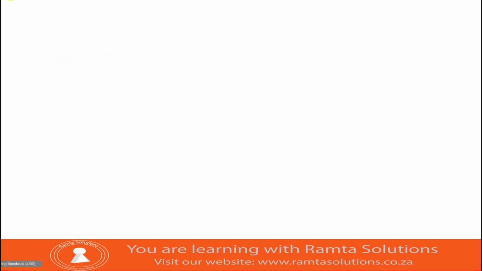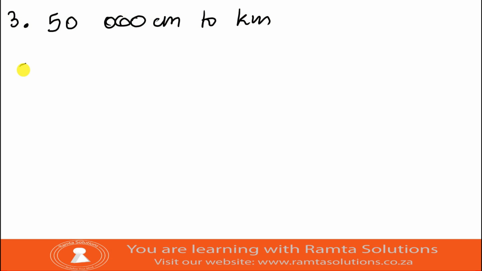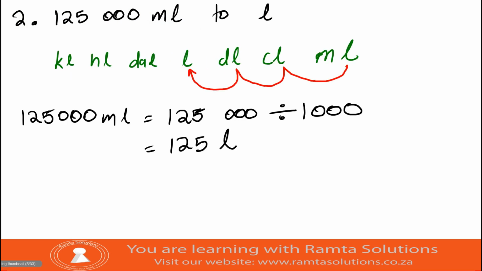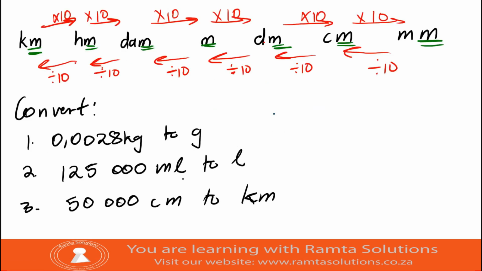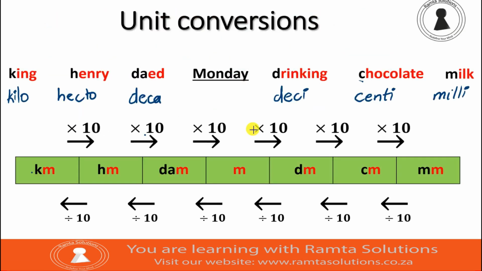Now let's go to the final one. Number 3, we said 50,000 centimeters to kilometer. So 50,000 centimeters is equal to 50,000... Now the kilometer scale, where is it? Okay, let me use the one in the opening slide. So we're moving from centimeter, this is centi, we're going to kilo.